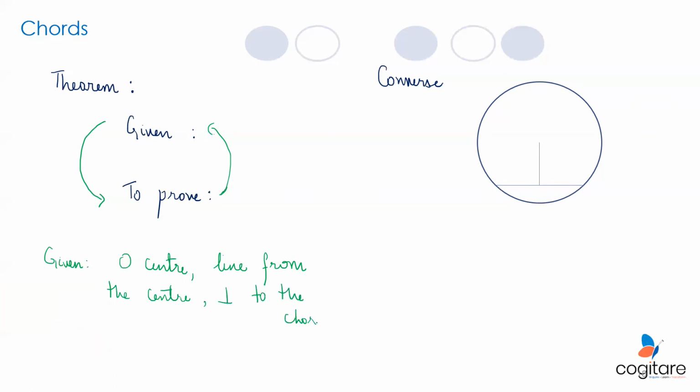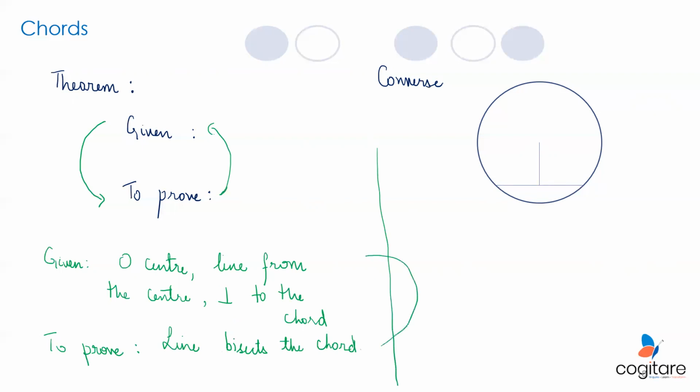And the outcome, or what was to be proved, was that this line bisects the chord. Am I right? Bisects the chord. Now what about the converse of this, guys? Let's interchange. To prove becomes given and given becomes to prove.